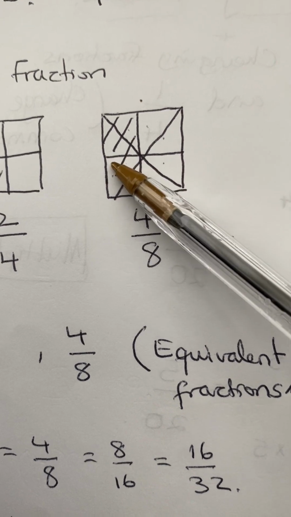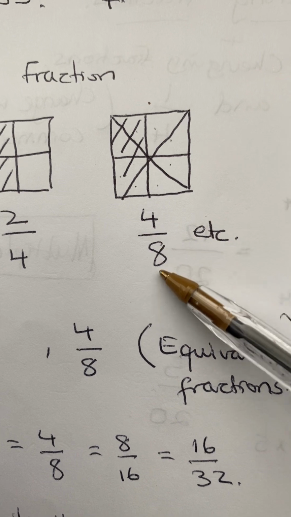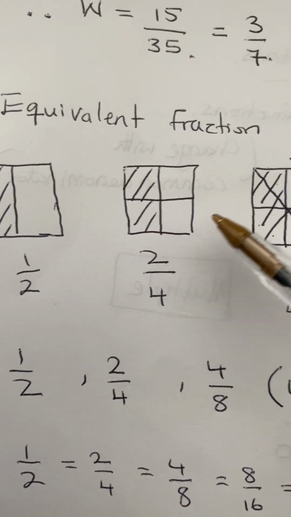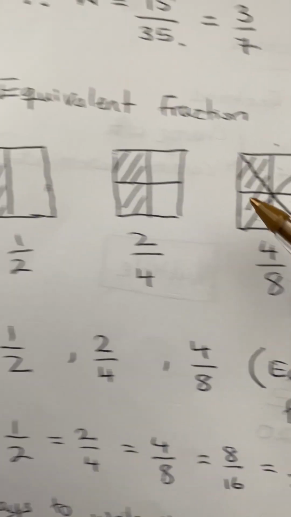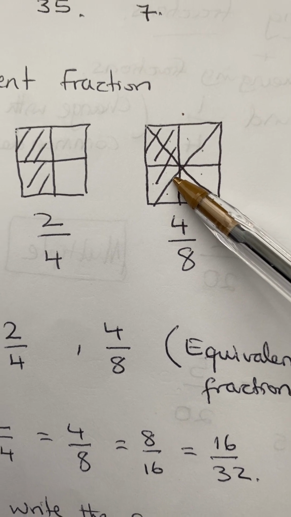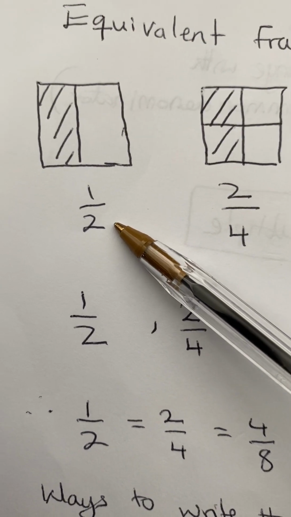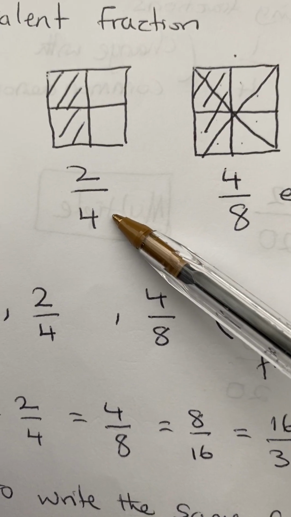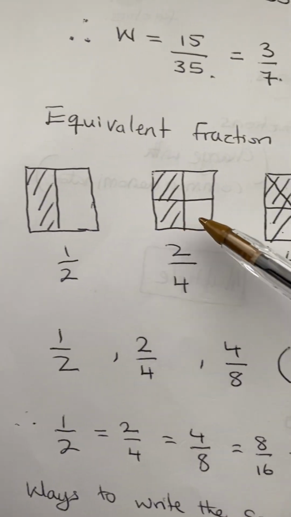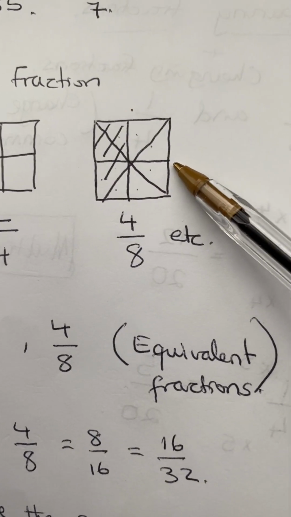So I have 1, 2, 3, 4. So I have here 4 out of 8. If you look at the shaded bits, again not to scale, they have the same area. So this is half, this is 2 out of 4, this is 4 out of 8. Just by looking at the boxes, you know that it's the same area.